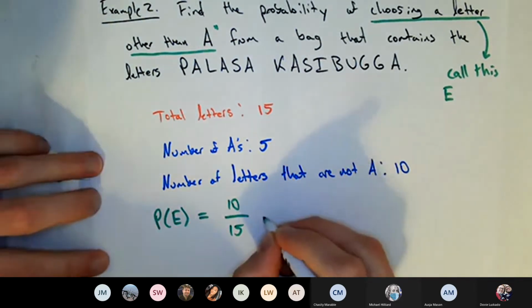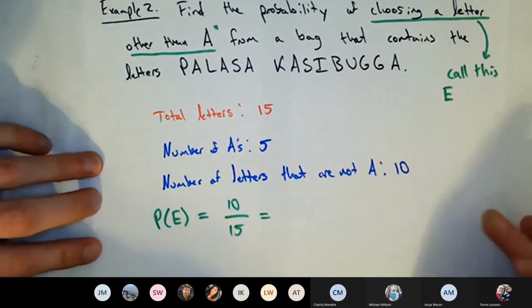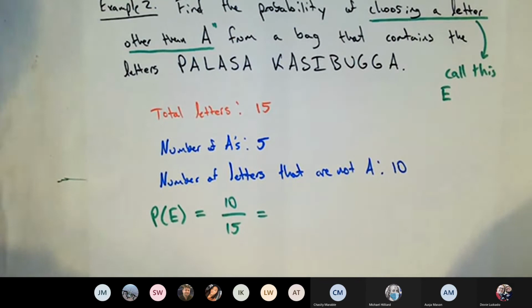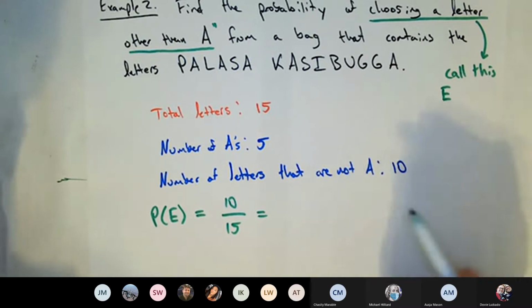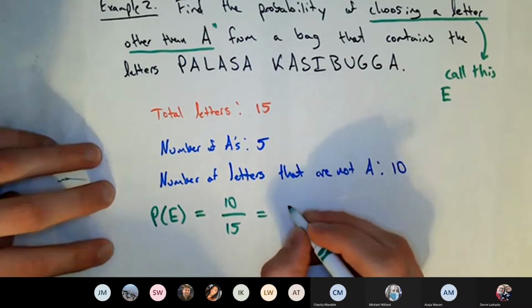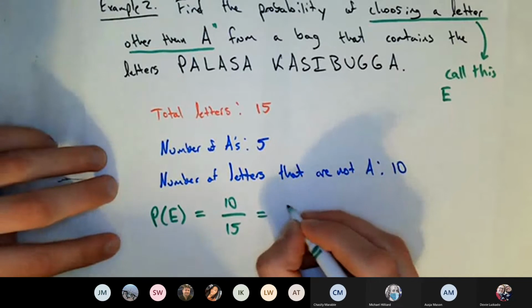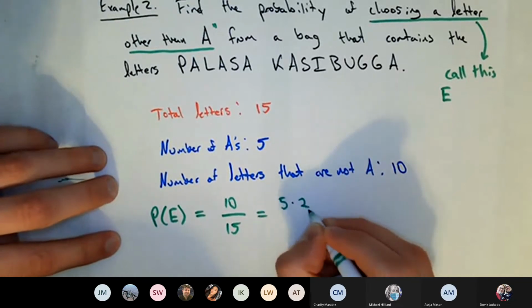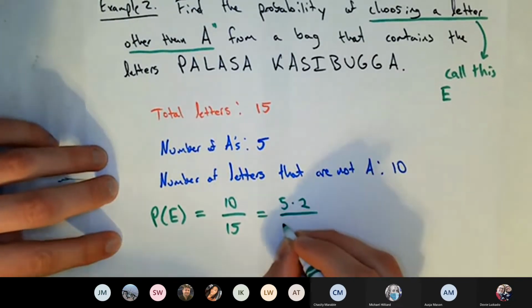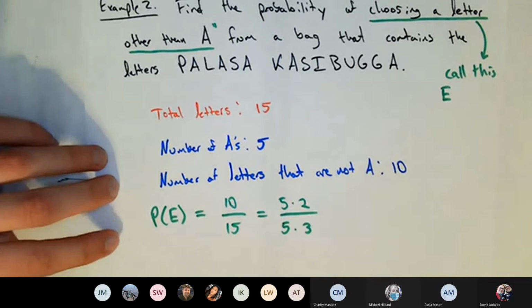Maybe you're not sure if this is simplified, but it stands out that there's a 5 that can be pulled out of both. Just in case you haven't seen this in a while, 10 can be written as 5 times 2 and 15 can be written as 5 times 3.